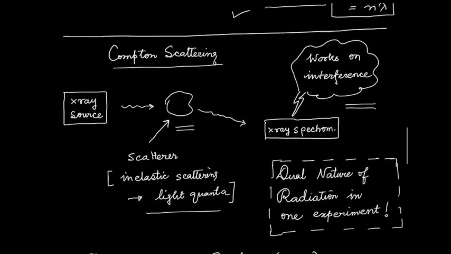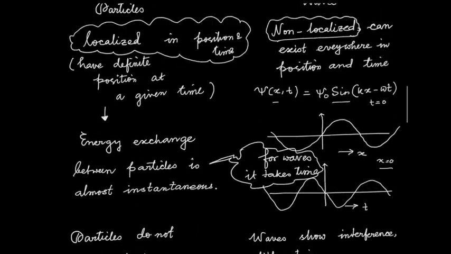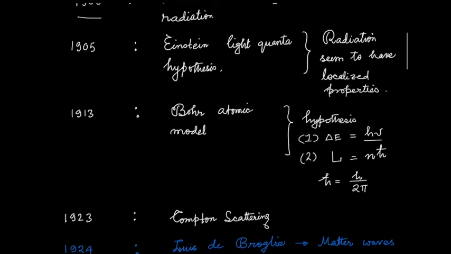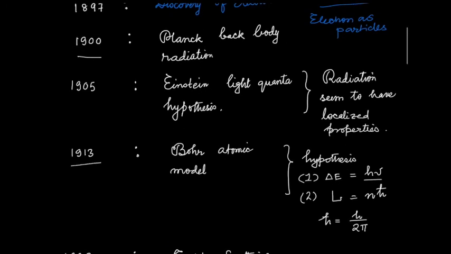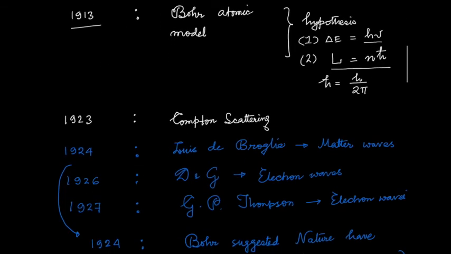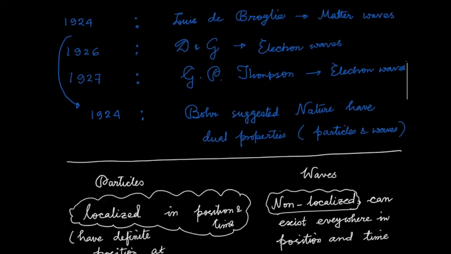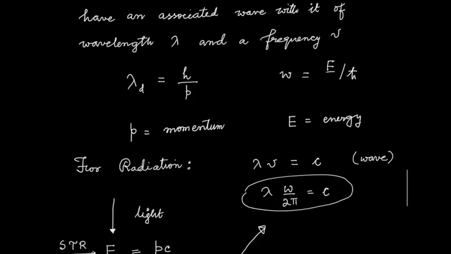One thing where de Broglie applied his hypothesis was Bohr's theory of the atom. Remember that this is 1913 when Bohr's theory came up, and he had this assumption that the angular momentum is n h cross, an integral multiple of h cross. The de Broglie hypothesis came in 1924, well after Bohr's theory.